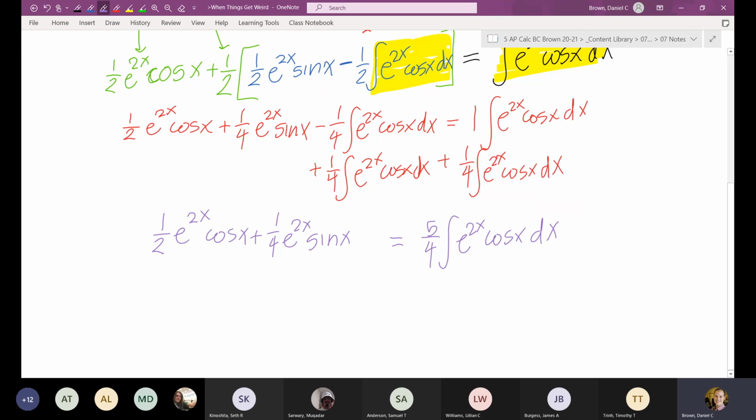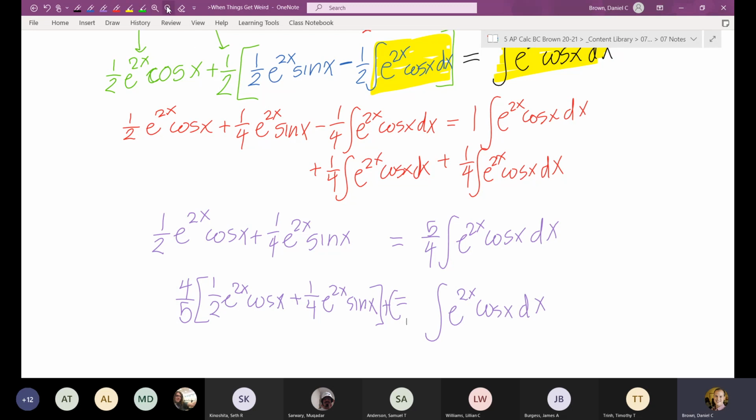Since I'm trying to solve for that original integral, what do I need to multiply both sides of this by? 4/5. And so what we're going to get is this original integral that we were trying to solve for is equal to 4/5 of 1/2 e to the 2x cosine of x plus 1/4 e to the 2x sine of x plus c.